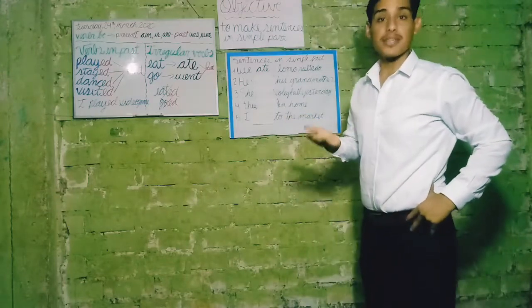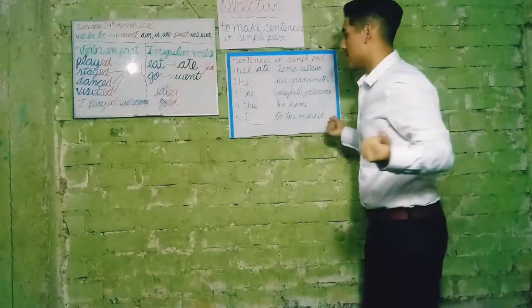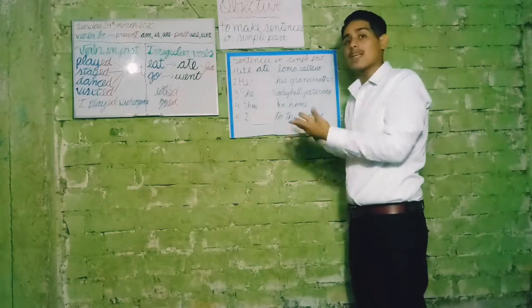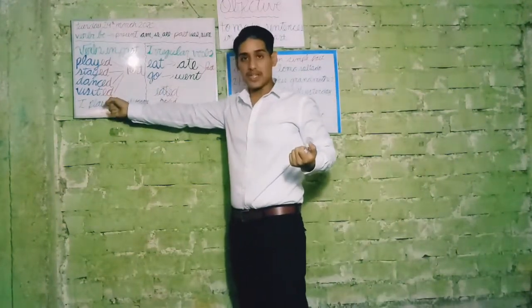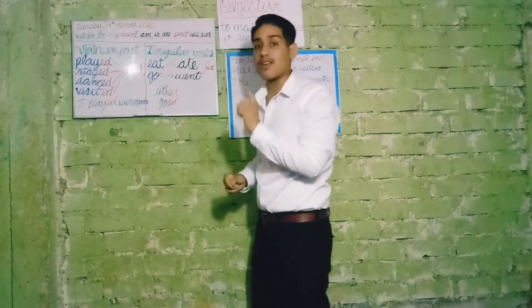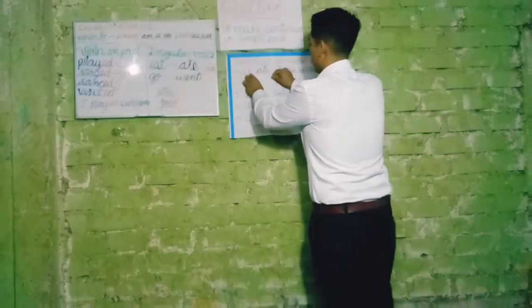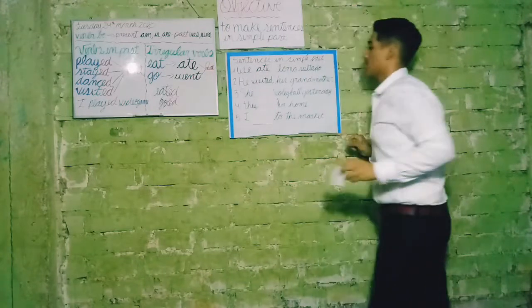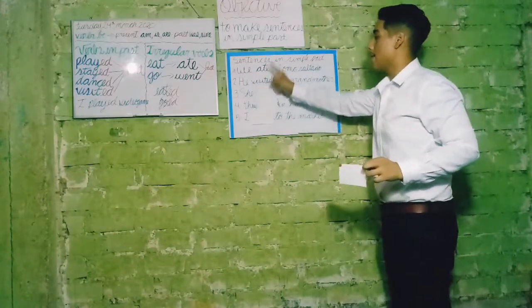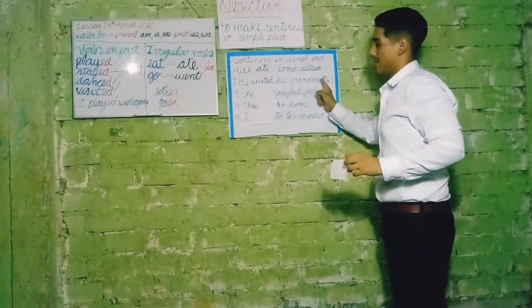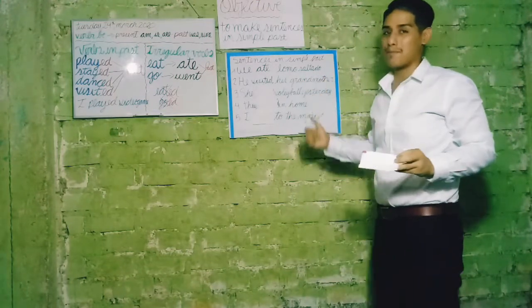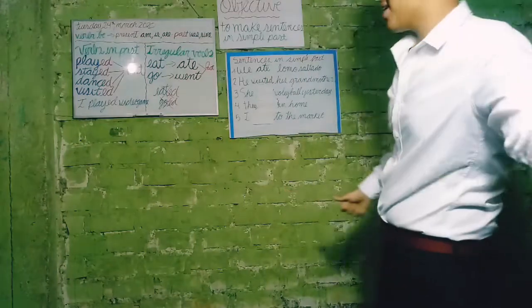Visit? Yes, of course. But visit in the past, what is? Visited with ed at the final. So we put, this is our sentence now. He visited his grandmother. Yeah, now makes sense. Very good.